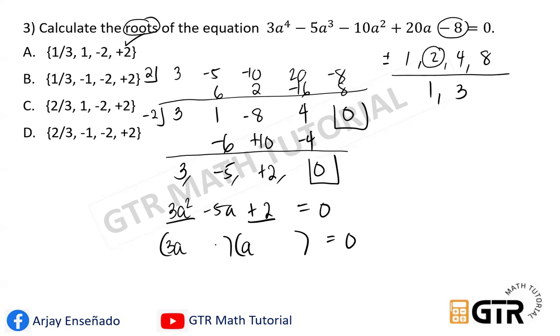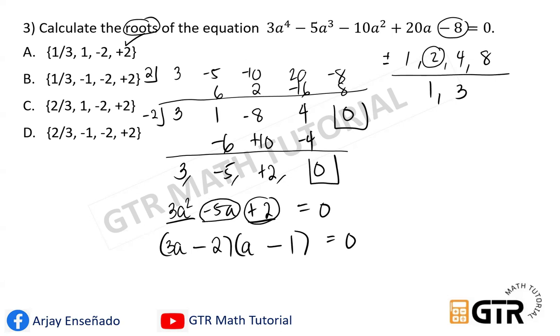Factor +2: we only have 2 and 1. This is by trial and error. Let's put 2 here and 1 on the other. The signs should both be negative because the middle term is -5a.